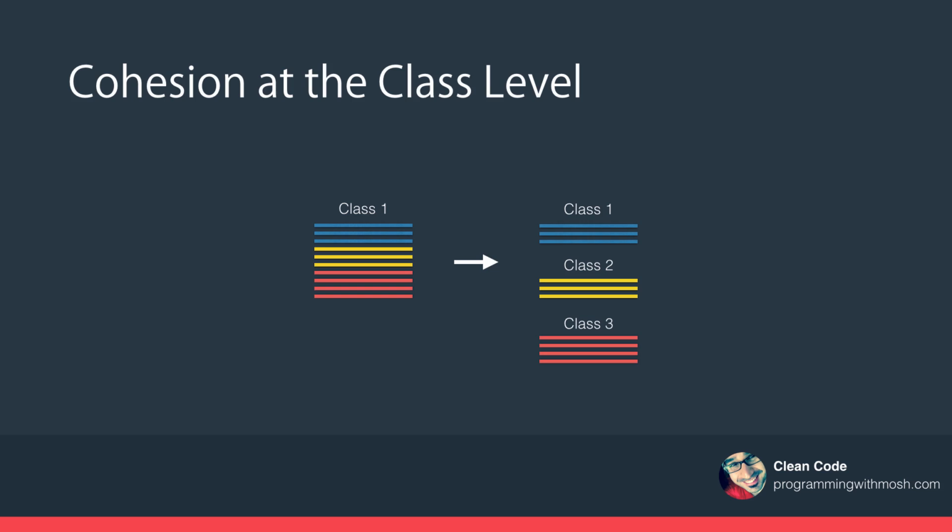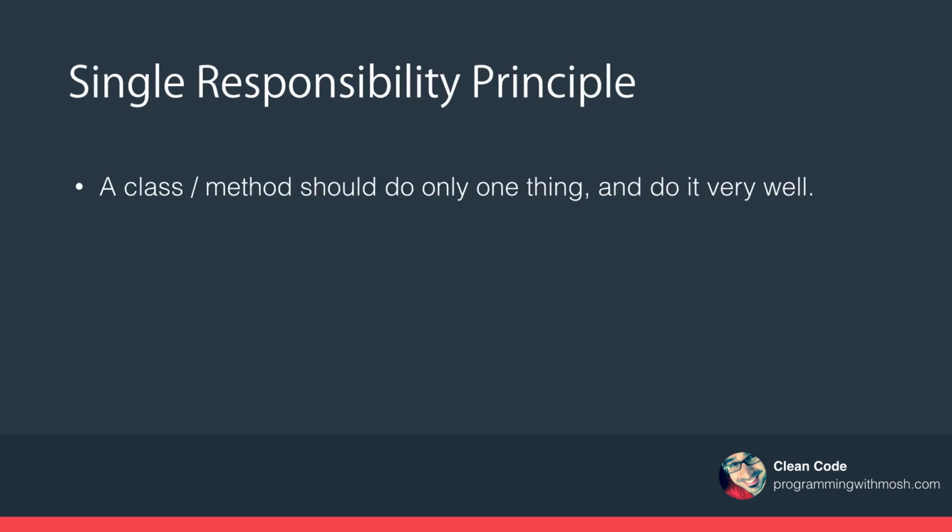Now imagine what you see on the left is a class, and these are all methods in that class. All those methods that are highly related should be in the same class, and those that are not related should go in a different class. If we design our classes or our methods based on this principle, we adhere to the single responsibility principle, which means a class or method should do only one thing and do it really well.